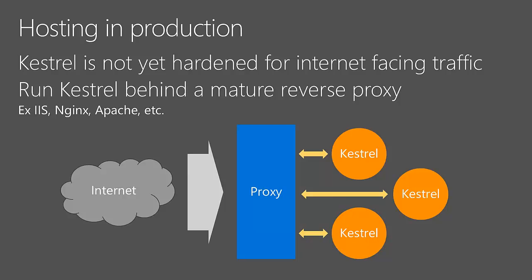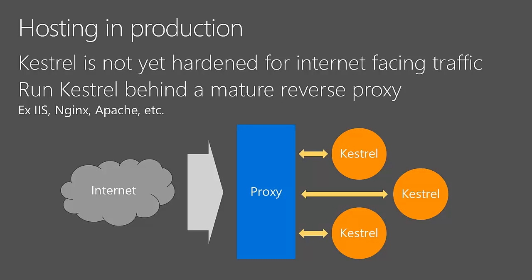Now for hosting in production, Kestrel needs to be wrapped behind either IIS, Apache, or Nginx, because as I said, Kestrel is a newly minted web server, which means it is not yet mature enough to compete with hackers. It is only written to serve the response.